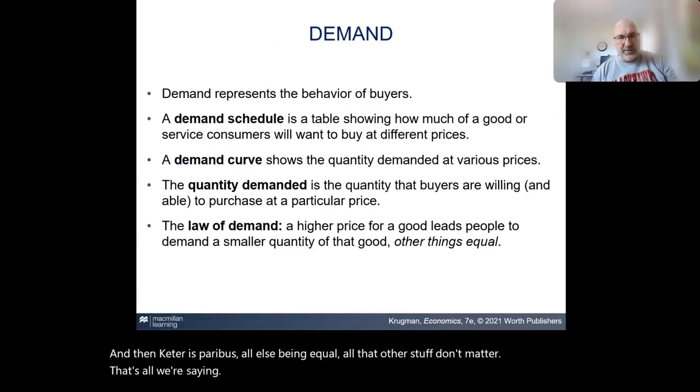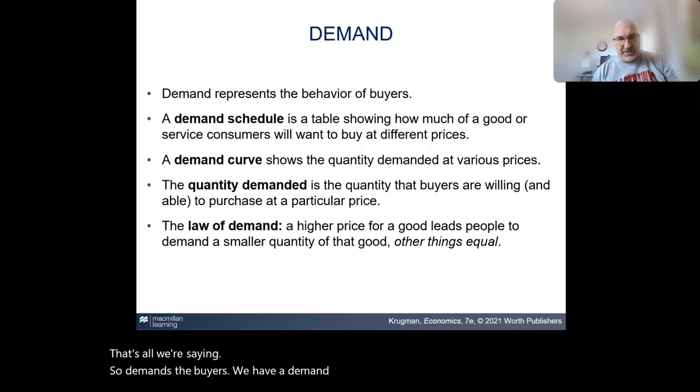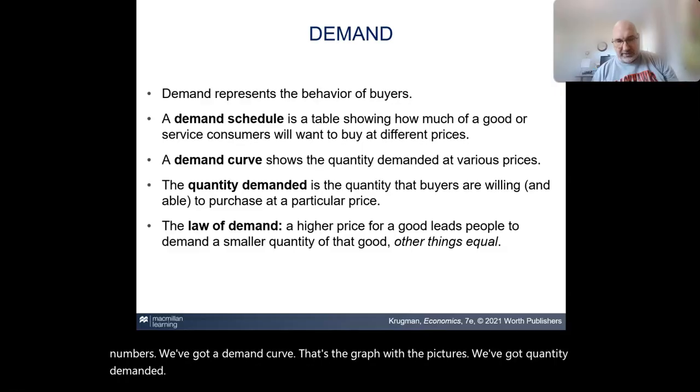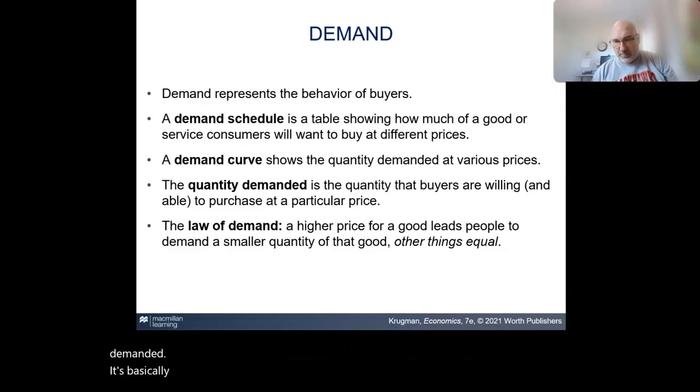So demand is the buyers. We have a demand schedule. Once again, that's the table with the numbers. We have a demand curve. That's the graph with the pictures. Quantity demanded is basically the movement along the curve. So that's two points, one curve.